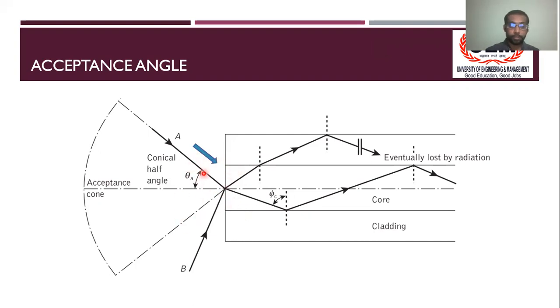So the light ray which is falling here will get refracted a little bit, and we see that little change in angle. So this is the path that the light will follow.